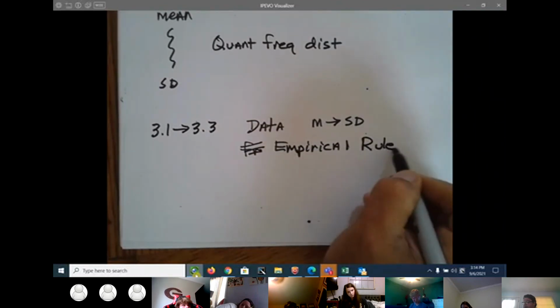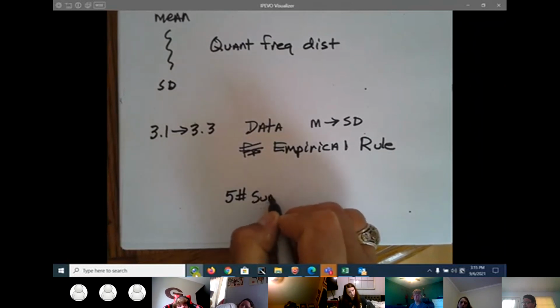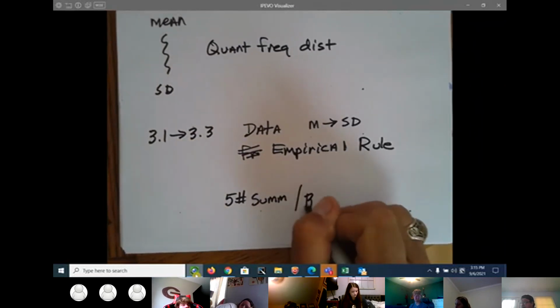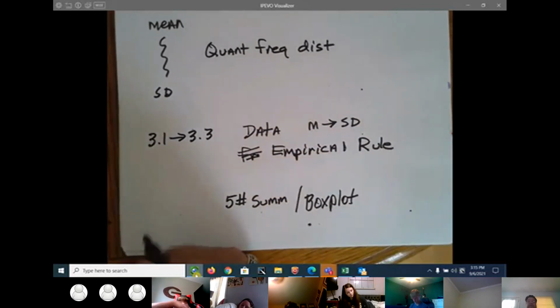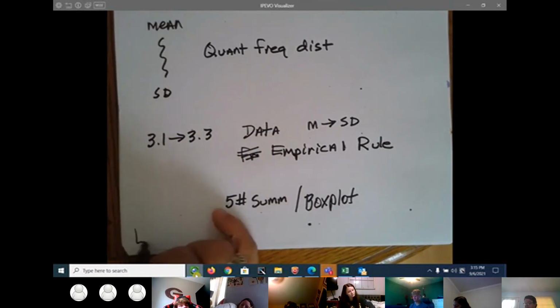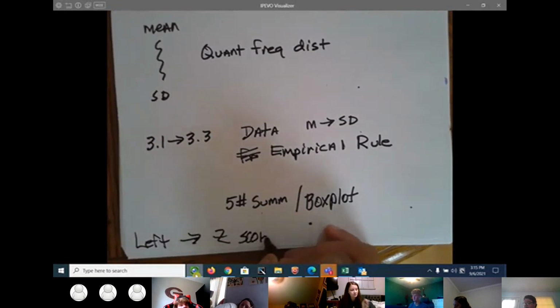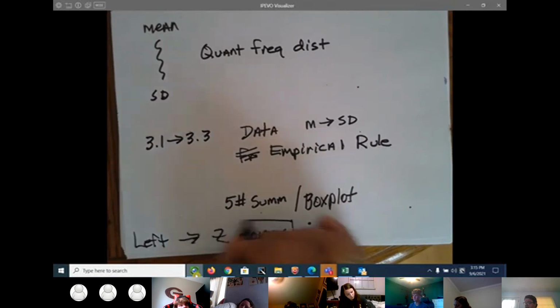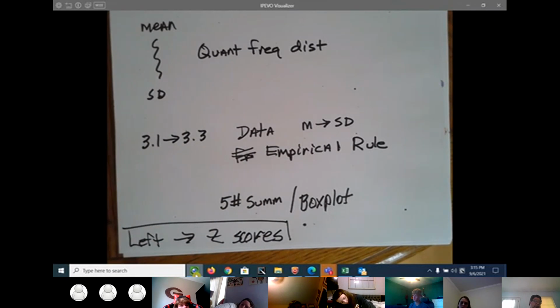And I covered 5-number summary and box plot. I think 5-number summary and box plot is 3.4 or 3.5. I really don't know. So the only thing we got left is z-scores. But I know y'all are going to send questions, because some of y'all are going to have to send questions.